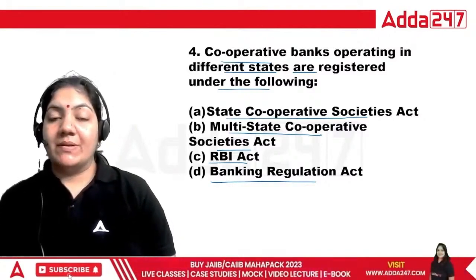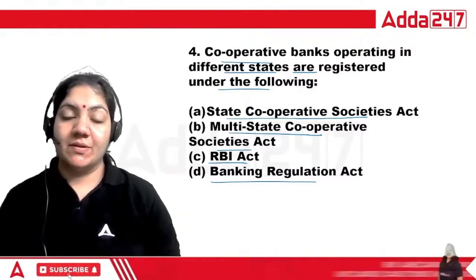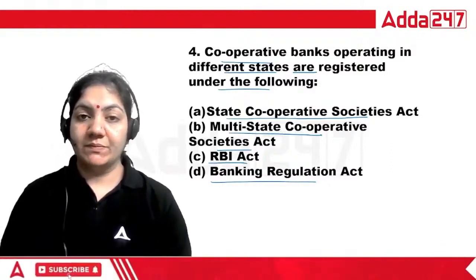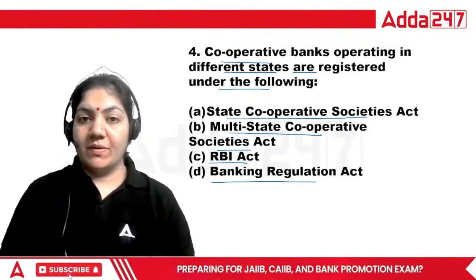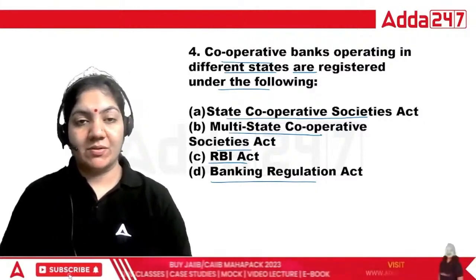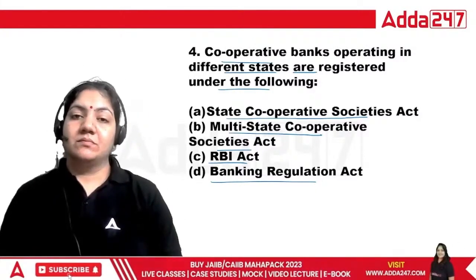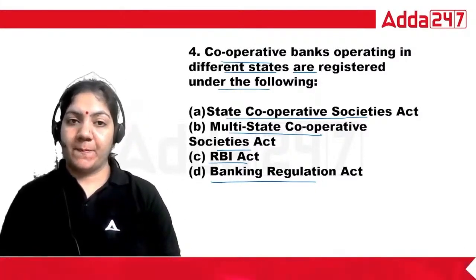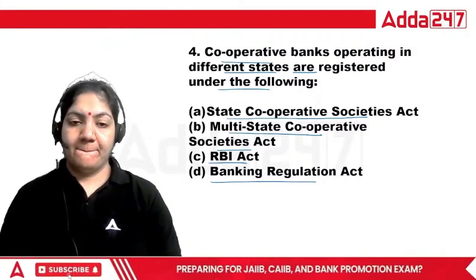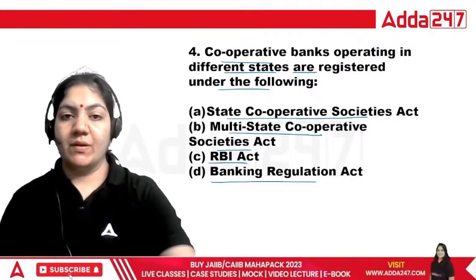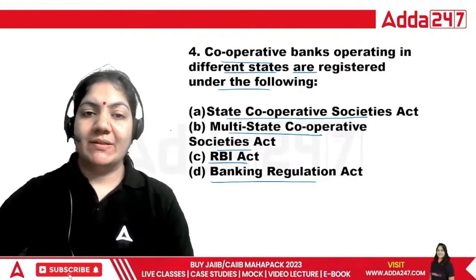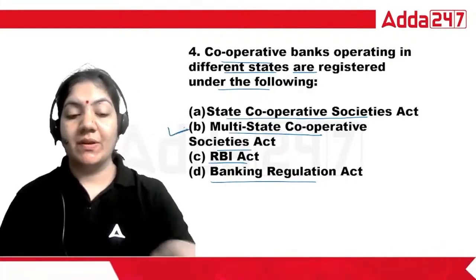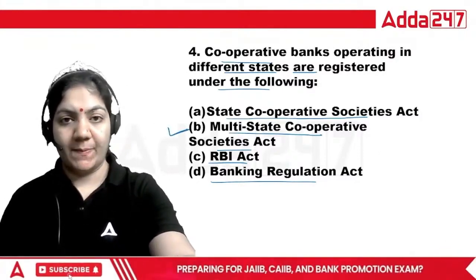Cooperative banks operating in the different states are registered under the following. So for the fourth one, the right answer is Multi-State Cooperative Society Act. So fourth one, B is the right answer. Okay, that is simple.